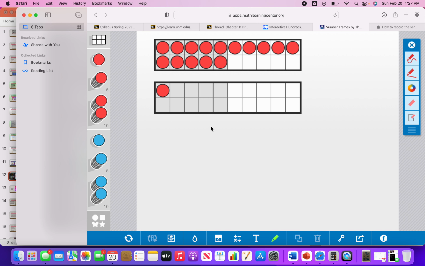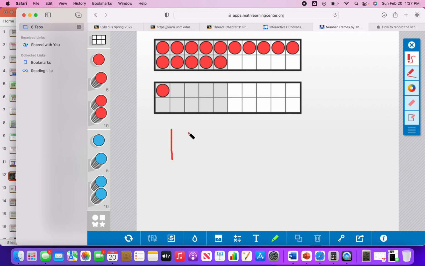You can also draw on here. Oop, that came out kind of funky. Let's try that again. So as I was saying, you can also draw on here.